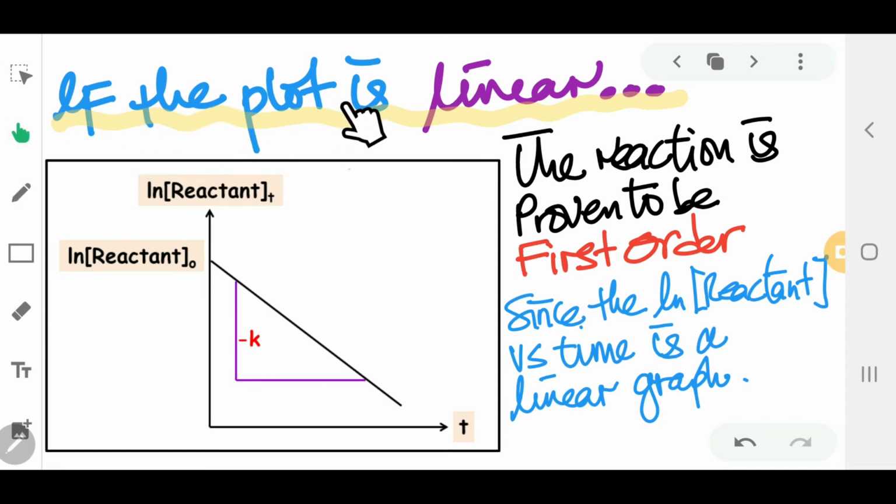If the plot is linear, like what you are seeing on your screen, ln concentration versus time, if it's a straight line, therefore the reaction is indeed a first order reaction, since the ln concentration versus time is a linear graph.